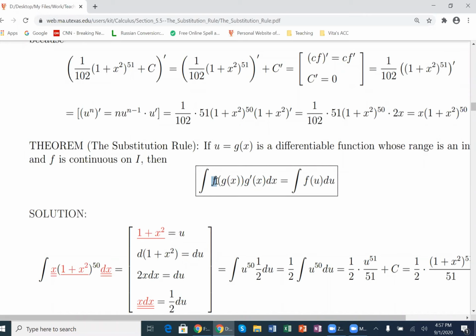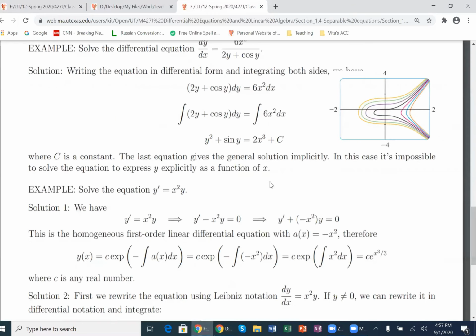If we combine x to the negative first power with y, we get y to the negative first power, right? And now, note that in the jump from here to here, we denote g by u. In our case, g is y. So the whole thing becomes the integral of f of y, but f is x to the negative first power, so the whole thing becomes y to the negative first power, and this is dy. Done. Okay, that makes sense.